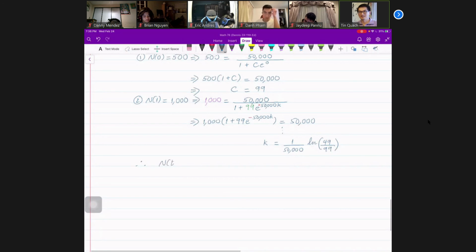here is the solution to the logistic model. Over 1 plus 99e to the negative 50,000. I like to write it like that, and then I say where k is, because I don't want to round off anything.